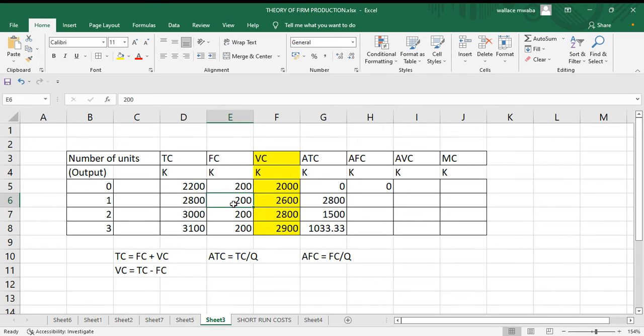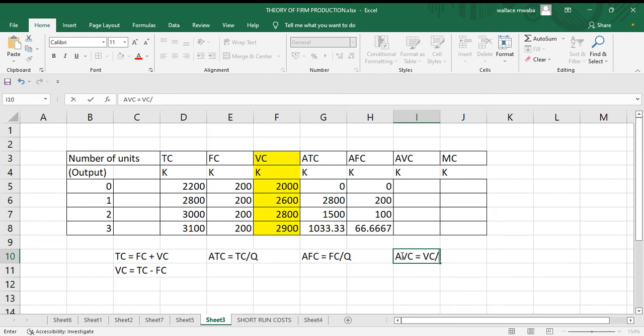So say 200 for 1 unit, we say 200 divided by 1, we get 200. 200 divided by 2, we get 100. And 200 divided by 3, we get 66.6667.